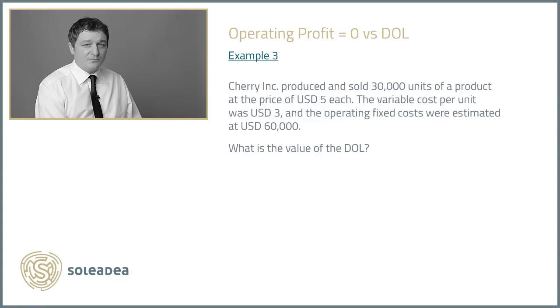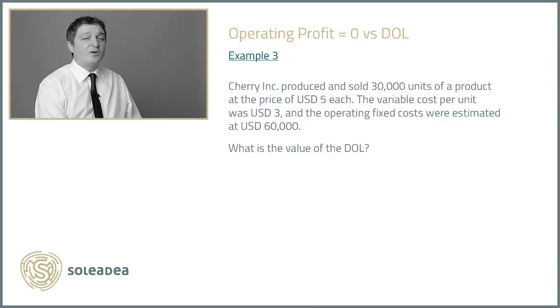Let's look at an example. Cherry Incorporated produced and sold 30,000 units of a product at the price of $5 each. The variable cost per unit was $3 and the operating fixed costs were estimated at $60,000.